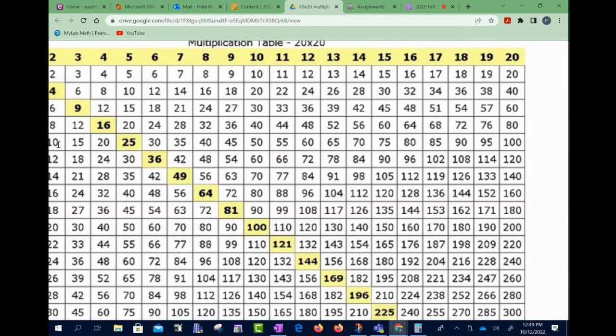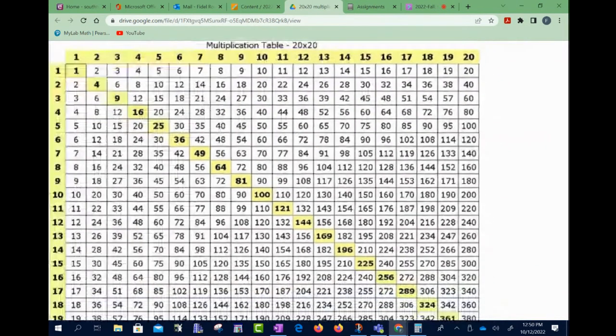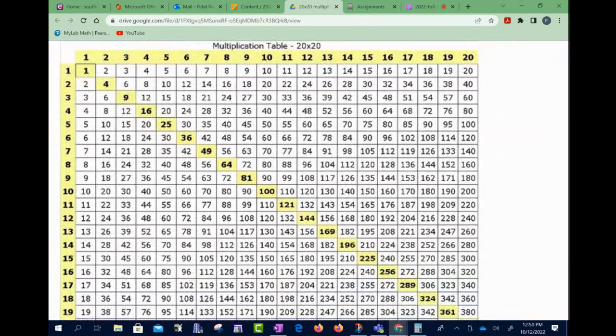So y'all, the reason I'm telling you this is when you're doing your homework, use the table, right? The table is visual. And I think especially a lot of us are visual learners. We look at something and we're looking for that number that we have in common and what's the smallest one. And using that multiplication table helps me a lot. And that's one of the reasons, y'all, that I gave you guys a 20 by 20 table.